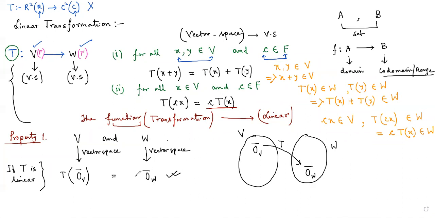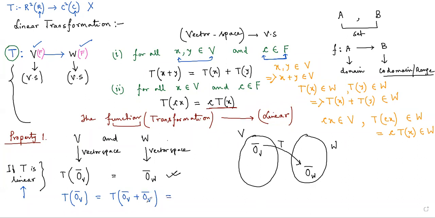Since you are writing, I can show you the proof quickly. Now see, the condition given is that T is linear, which means T satisfies these two properties. Now, if I want to find the linear transformation of this zero vector, you can write this zero vector as 0v bar plus 0v bar.